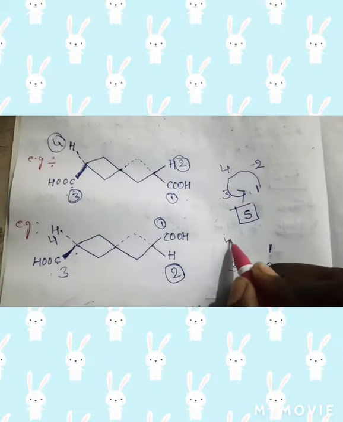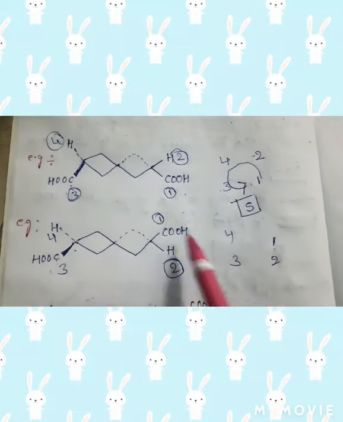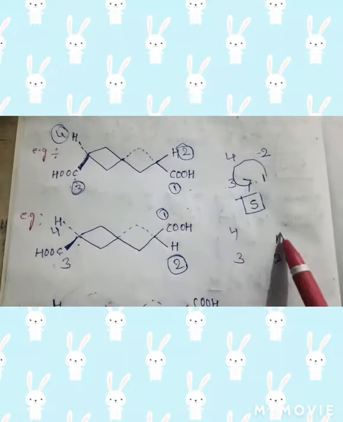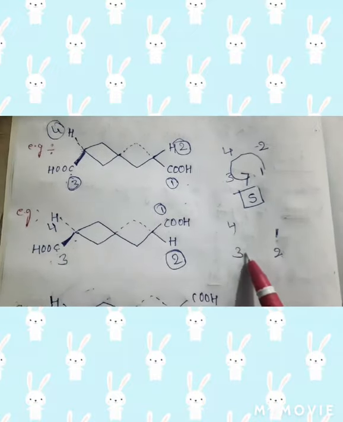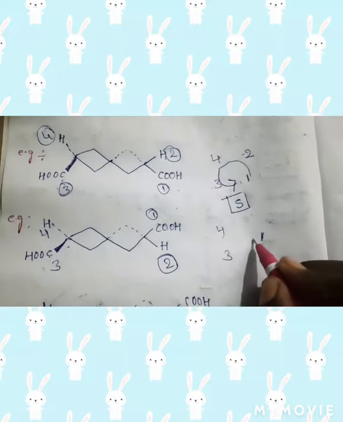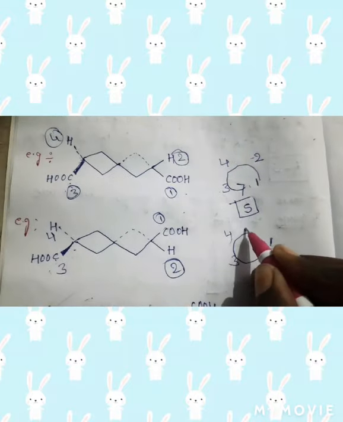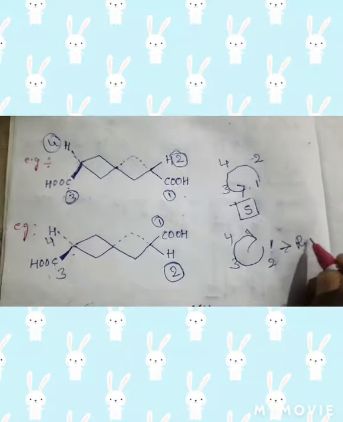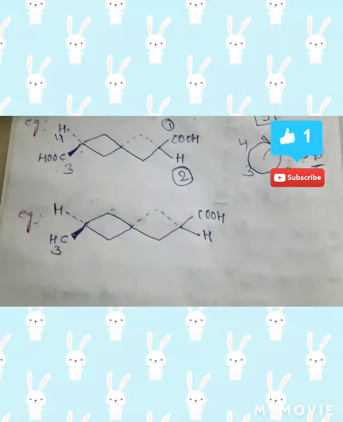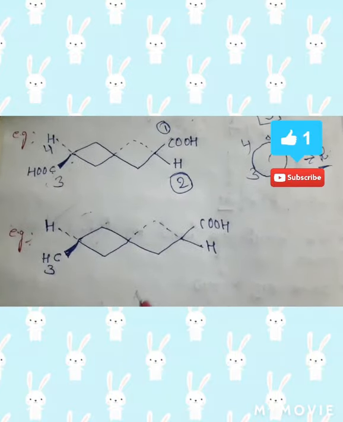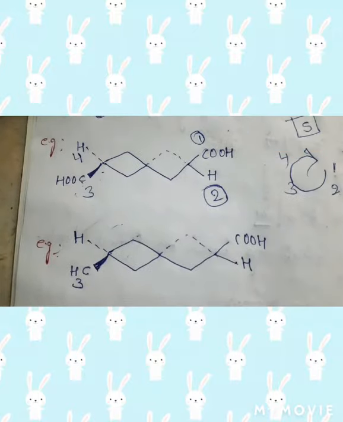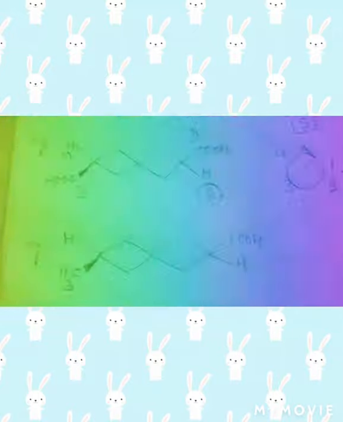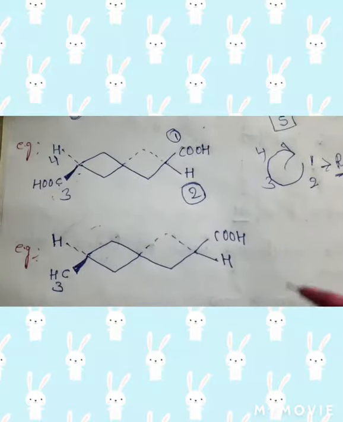Based on these numbers I am writing 1, 2 here, so 1, 2, 3, 4. Just draw an arrow. Here we are getting a clockwise arrow, which means rectus. If you have understood the above examples, I think it is very easy for you to do this. So try to do this.